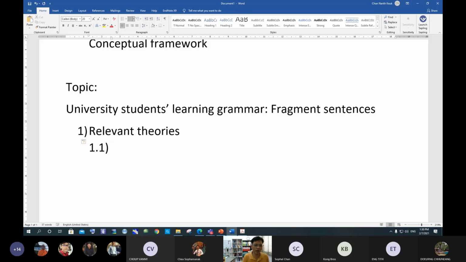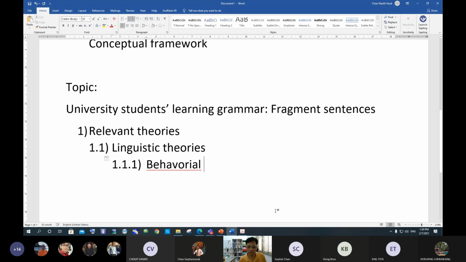I think I pick up 1.1. I look at linguistic theory first. Okay, so 1.1.1, behavioral linguistics. Is the spelling correct, right? Okay, behavioral linguistics. So what is behavioral linguistics all about?